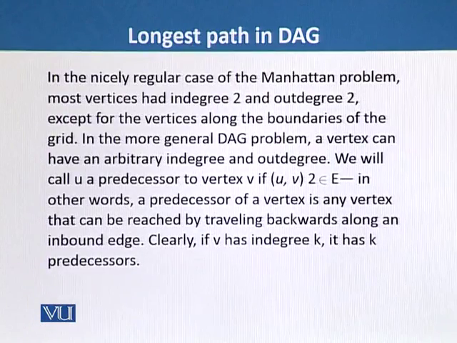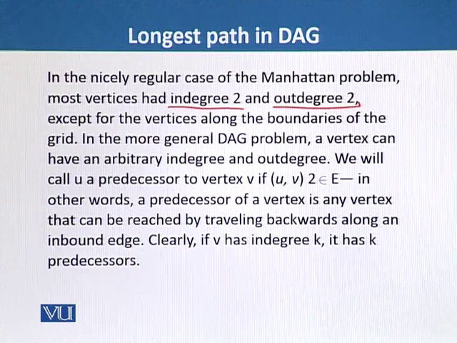So this is a nicely regular case of the Manhattan problem, and in this problem most of the vertices had an in degree of 2 and an out degree of 2, as we have seen previously.